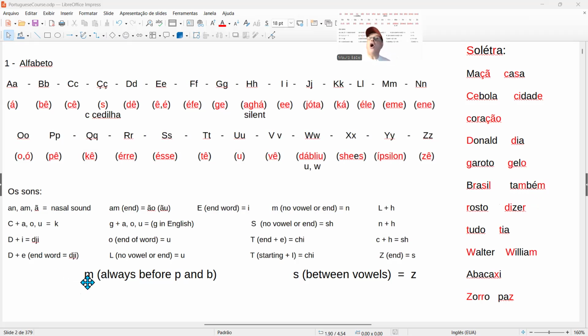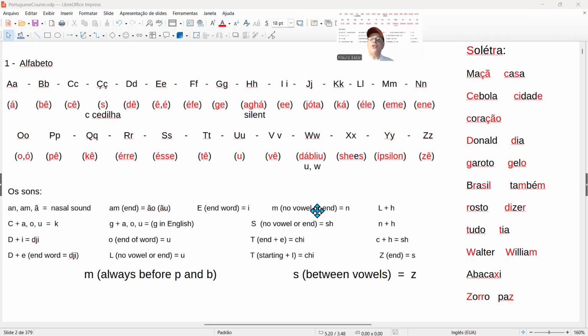Look here. M always before B or P. It's never going to be written with an N. But the sound is going to be nasal like N. You're not going to say tambem, you're going to say também.